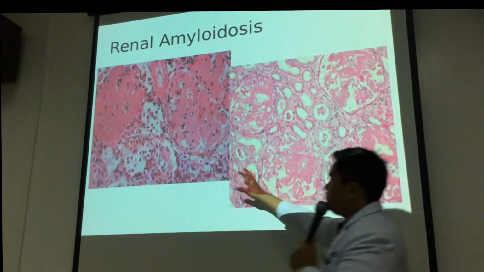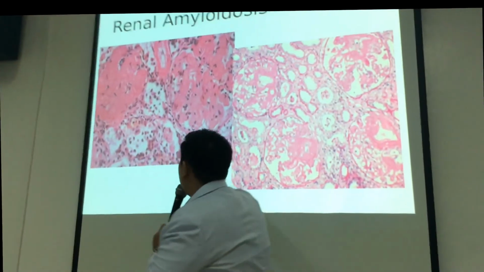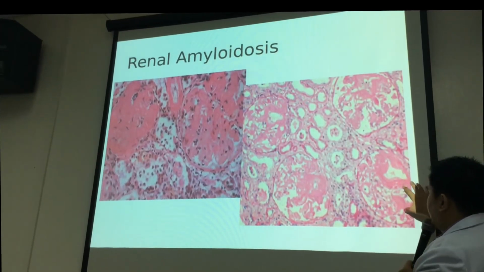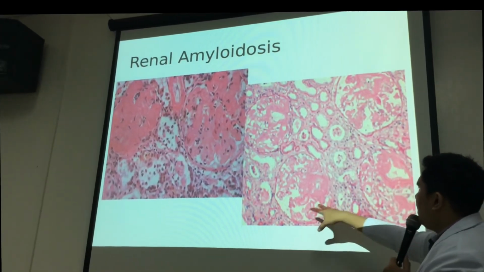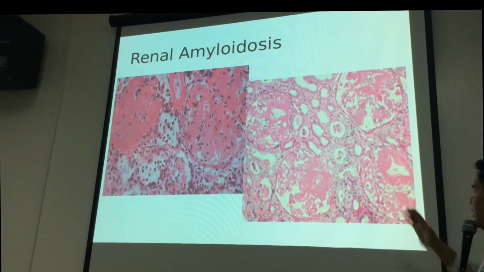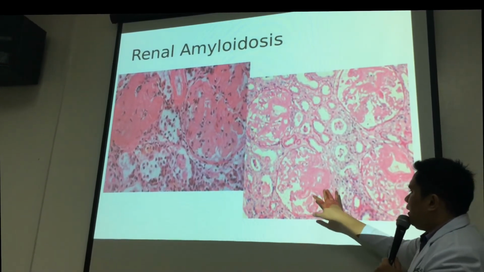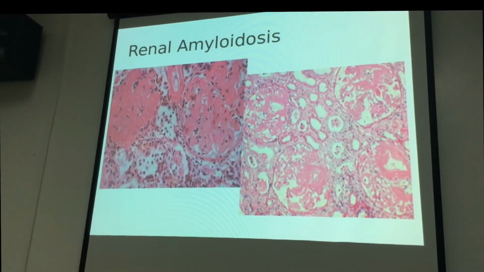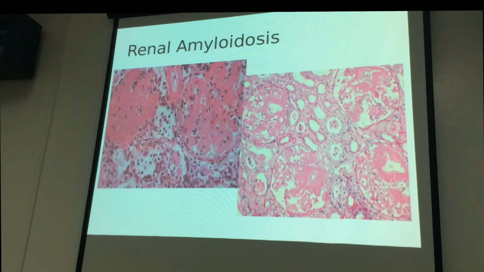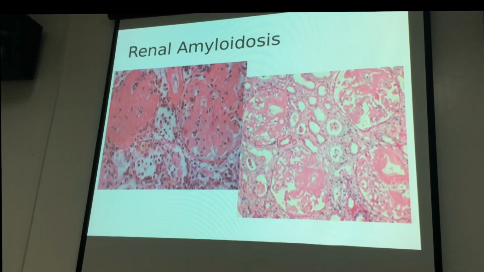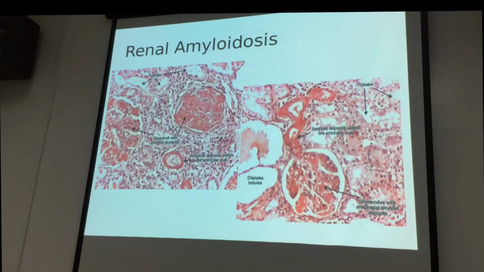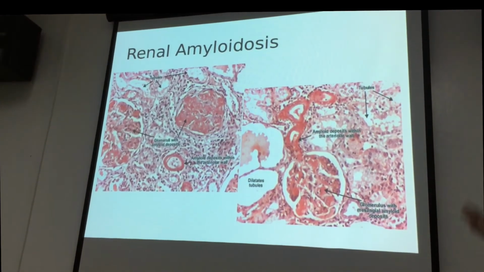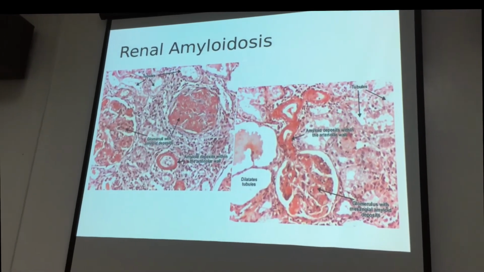Now these are the damaged glomeruli, and you can see that if you view the entire slide or the entire damaged kidney, all the glomeruli will show this damage. And the changes seen in the glomeruli is this homogeneous pink-like structure, which is actually your amyloid. So blood vessels, in some instances, the entire glomerulus will be replaced by this pink homogeneous material.